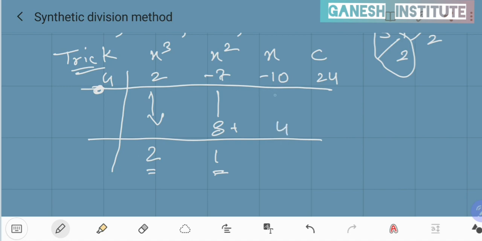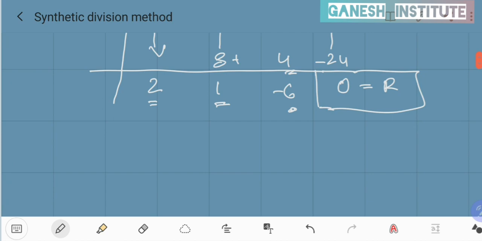Add these two numbers, we will get minus 6. Then multiply this number with 4, we will get minus 24. And after adding these two numbers, we will get 0, which is our remainder.